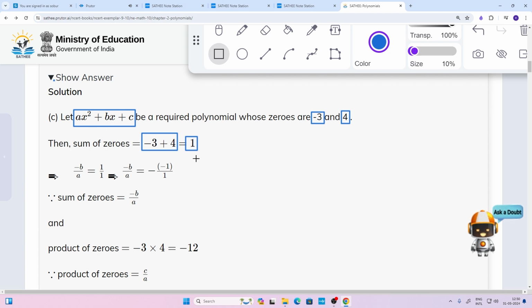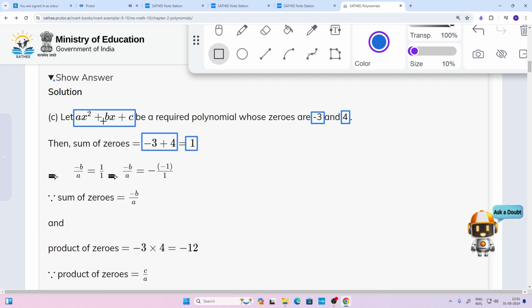Sum of zeros is equal to 1, and we know the sum of zeros of a quadratic polynomial ax square plus bx plus c is minus of coefficient of x divided by coefficient of x square. The coefficient of x is b and the coefficient of x square is a.